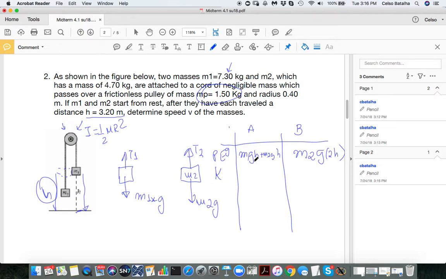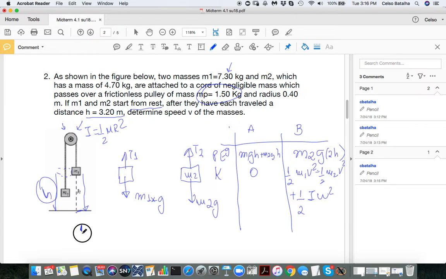That's the tricky part. Kinetic energy, configuration A has none because they are not moving. Start from rest. But in configuration B, there is kinetic energy of both masses, right? Plus the wheel is rotating. And what is the kinetic energy of a rotating body? Half I omega square.